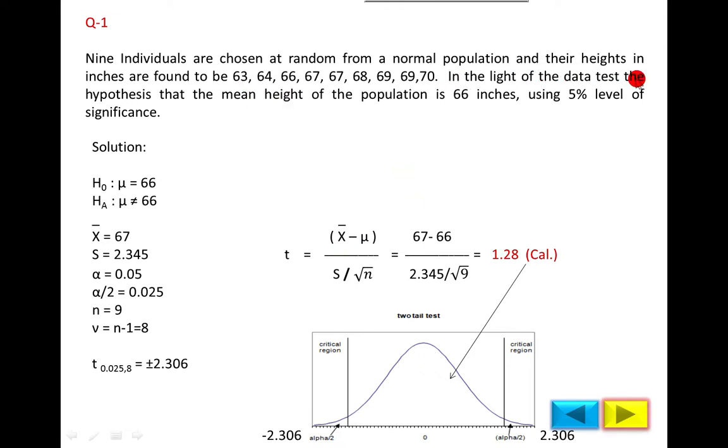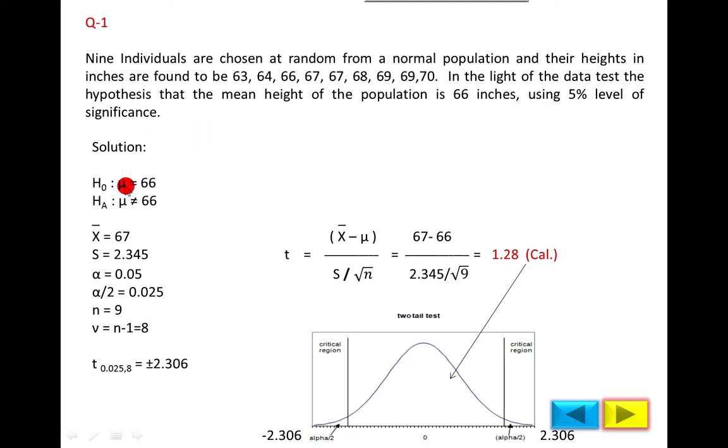In the light of the data, test the hypothesis that the mean height, this mean height indicates the population mean, the mean height of the population is 66 inches. So this is mu, the population mean, equal to 66 inches. Alpha is 5% level of significance.